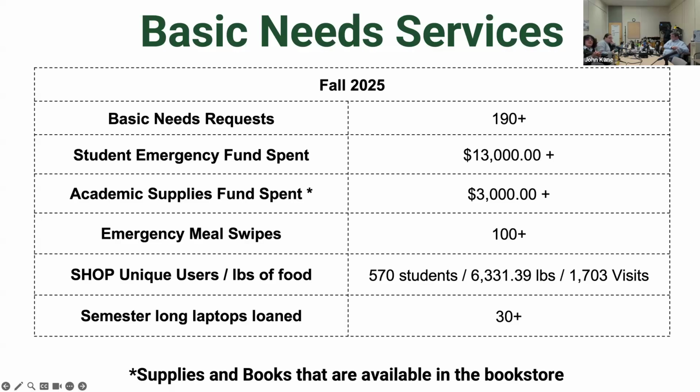And we distributed over 6,000 pounds of food. And again, I think a lot of that had to do with the challenges going on in our government when the government shut down and SNAP benefits were temporarily removed. We also saw an uptick in pantry utilization as a result.